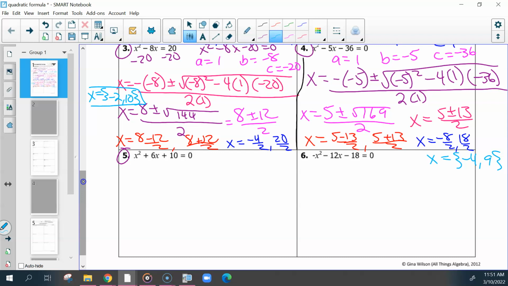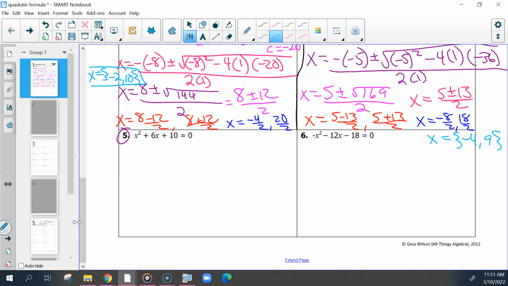Let's do number 5. What are your A, B, C values? 1, 6, and 10. And we can put these into our formula.